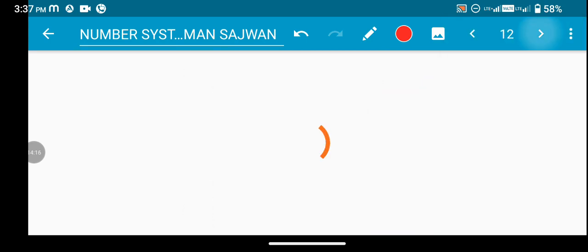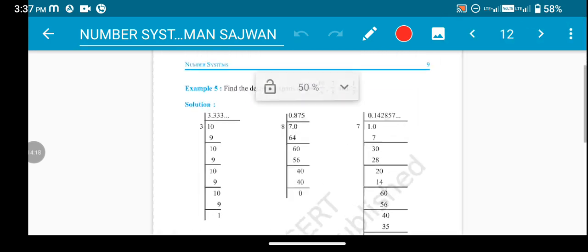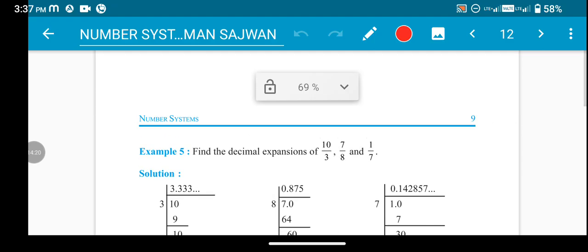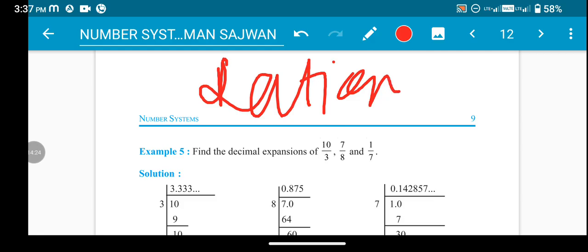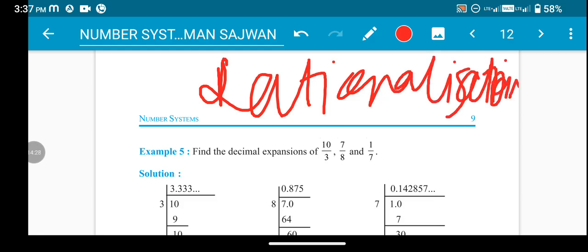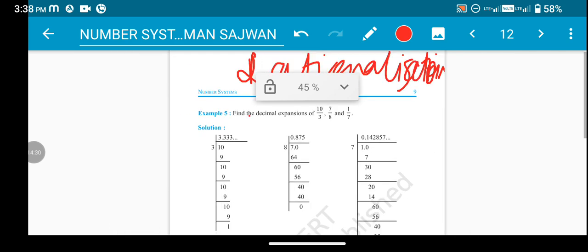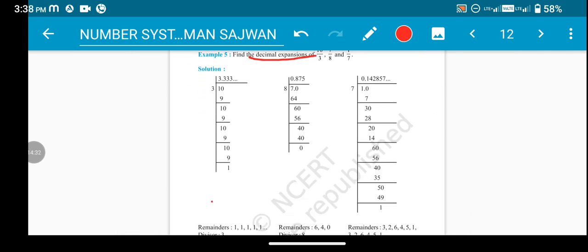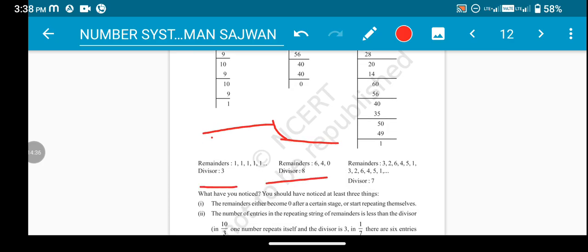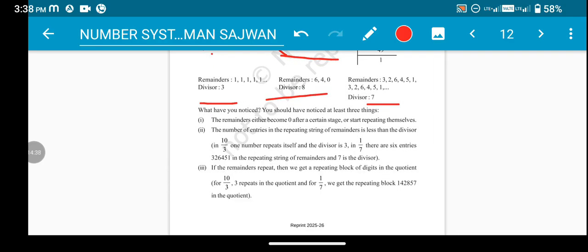Now here comes the expansions of rationalization. Decimal expansion is already known by you: the remainders, divisor, how to solve.